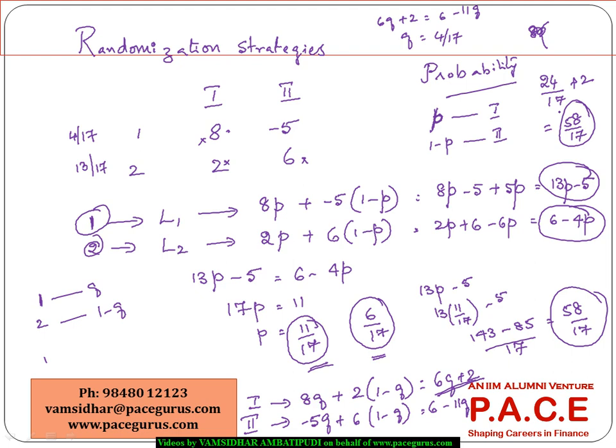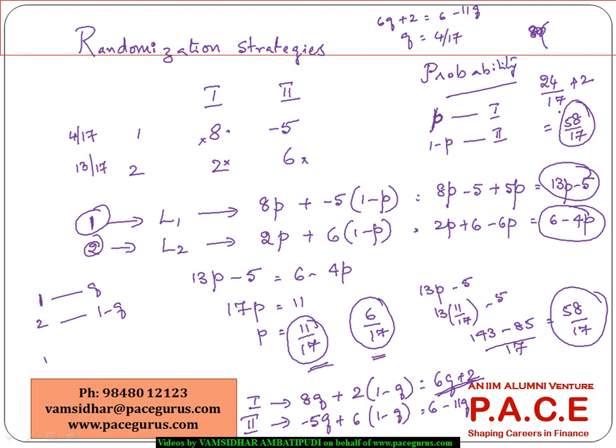Now, in short, if there is no saddle point, if there is no equilibrium point, the strategies need to be chosen by A and B in such a way that A will have to choose strategy number 1 with a probability of 11 by 17 and strategy number 2 with a probability of 6 by 17, while B will choose strategy number 1 with a probability of 4 by 17 and strategy number 2 with a probability of 13 by 17.